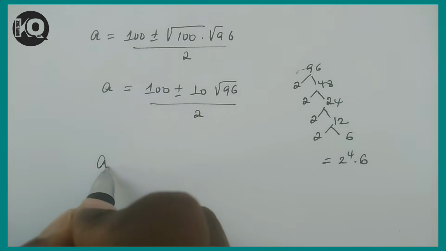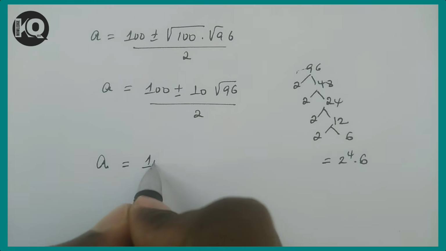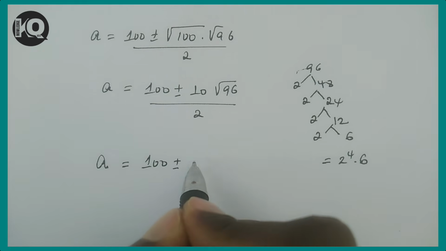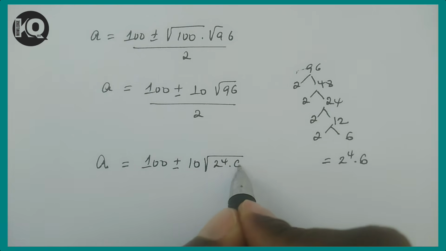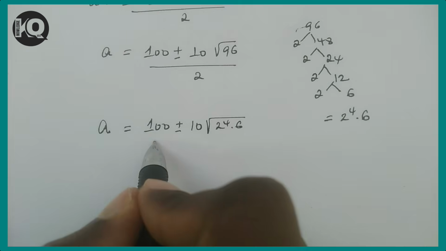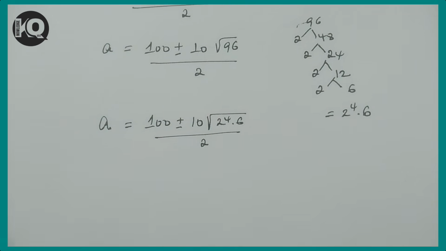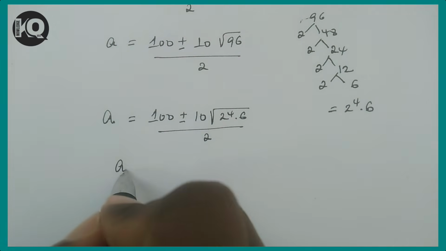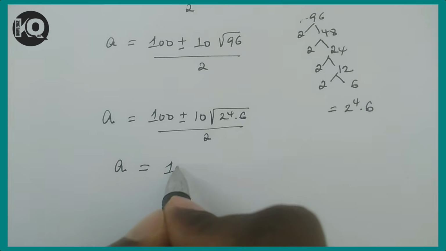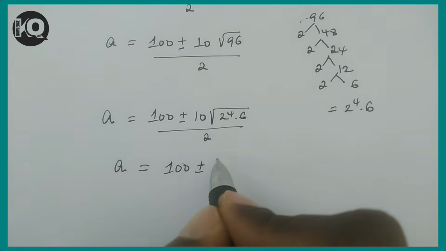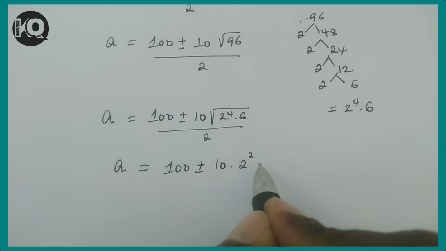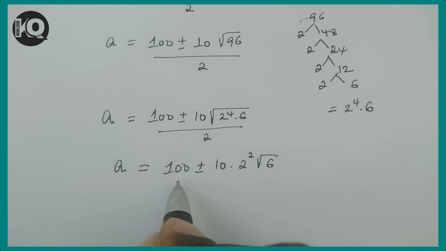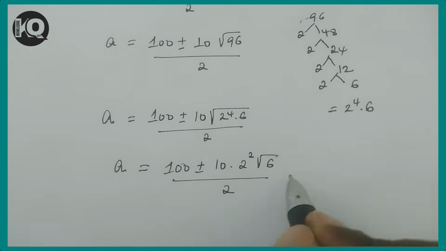So a is equal to 100 plus or minus 10 times the square root of 2 to the power of 4 times 6, divided by 2. This will be 10 times 2 squared times the square root of 6, divided by 2.